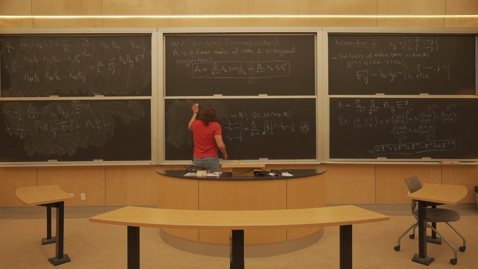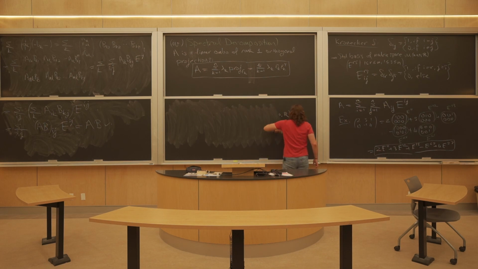So 4 from 3 in the spectral theorem. So I know that A is equal to Q D Q transpose.